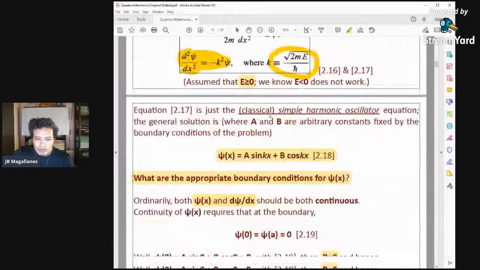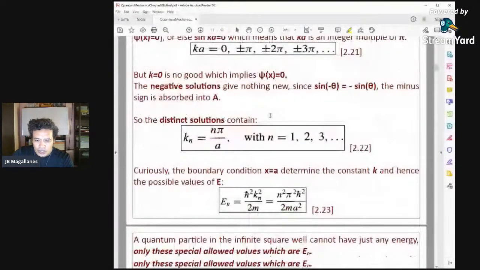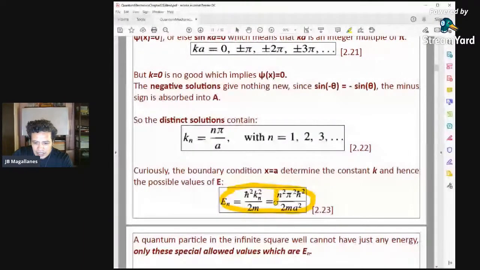So therefore, our energy would have this form. So this one is our energy. So what is the lowest energy? n cannot be 0. The lowest energy would be 1 squared pi squared h bar squared over 2ma squared.